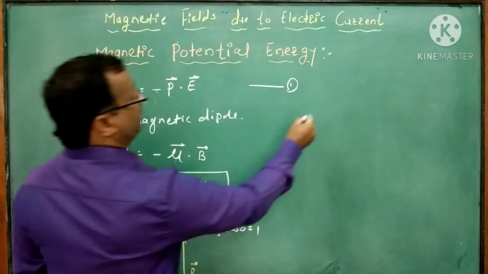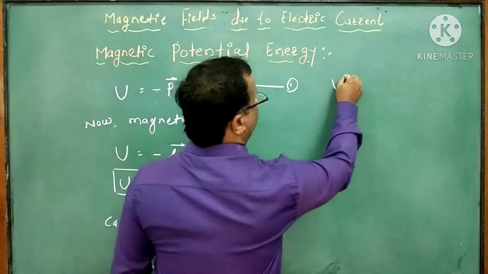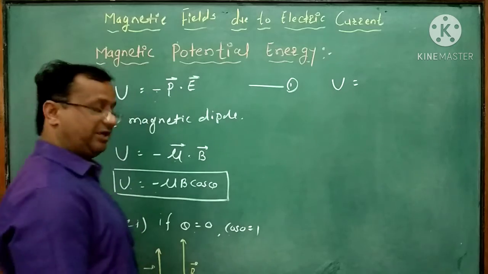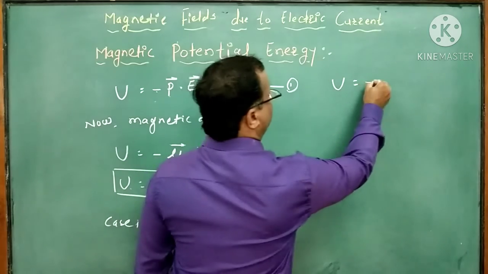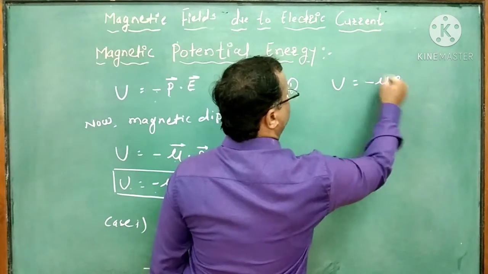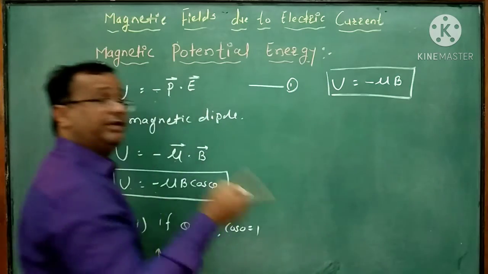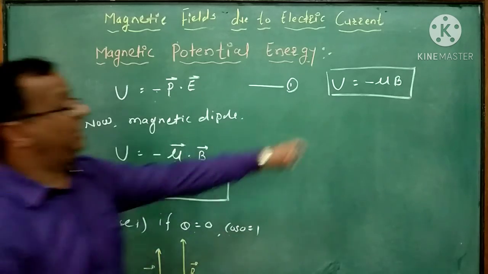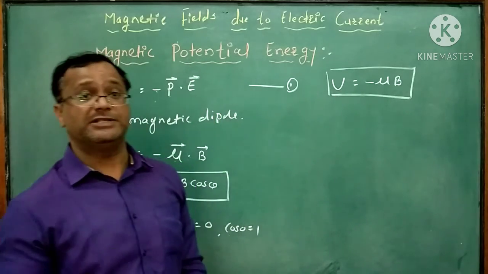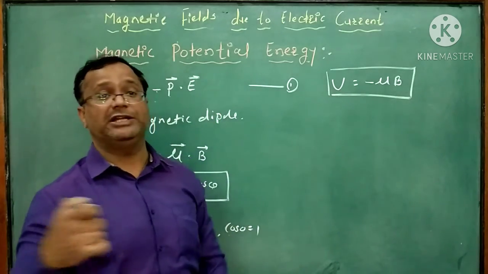So at that time, the magnetic potential energy is equal to minus mu into B. And this will be the minimum magnetic potential energy. Here, this minus sign represents that this potential energy is negative.